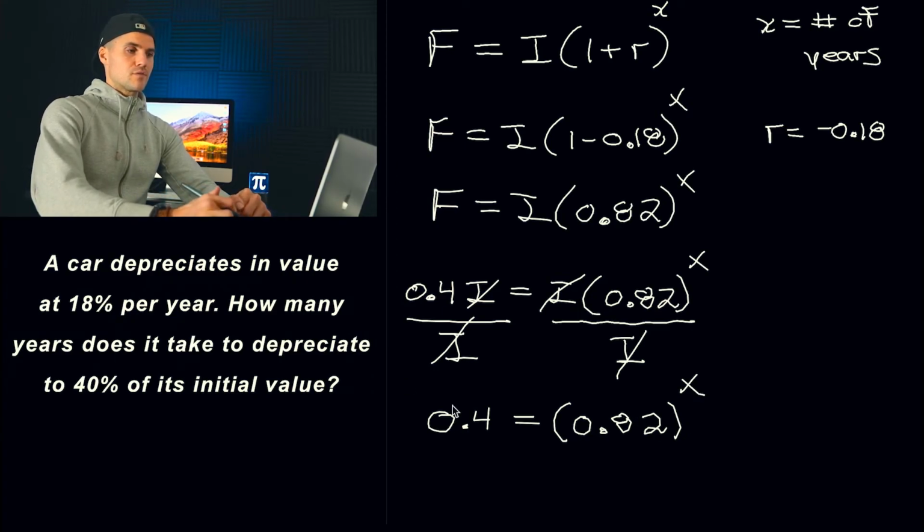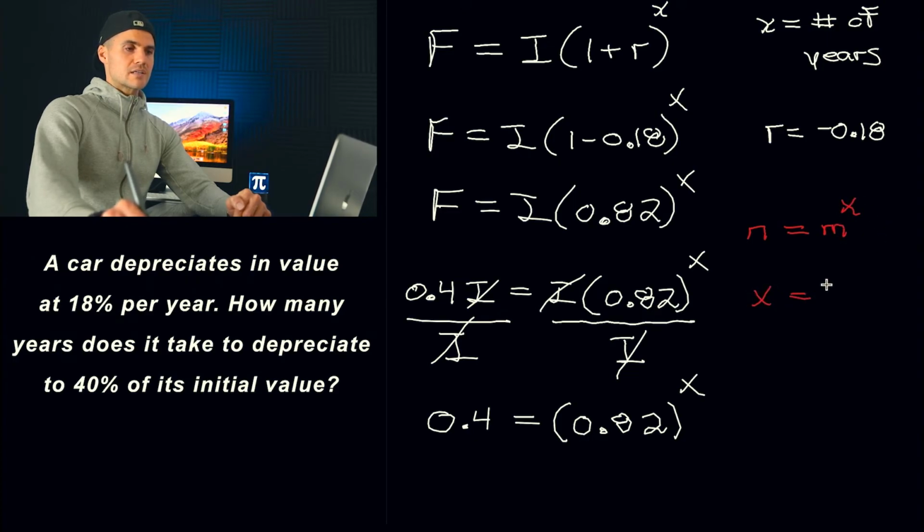And then remember, if you're trying to solve for this x value, the formula that we use, if we got n equals m to the power of x, and we're trying to isolate for x, x is basically going to be log n divided by log m, like that.